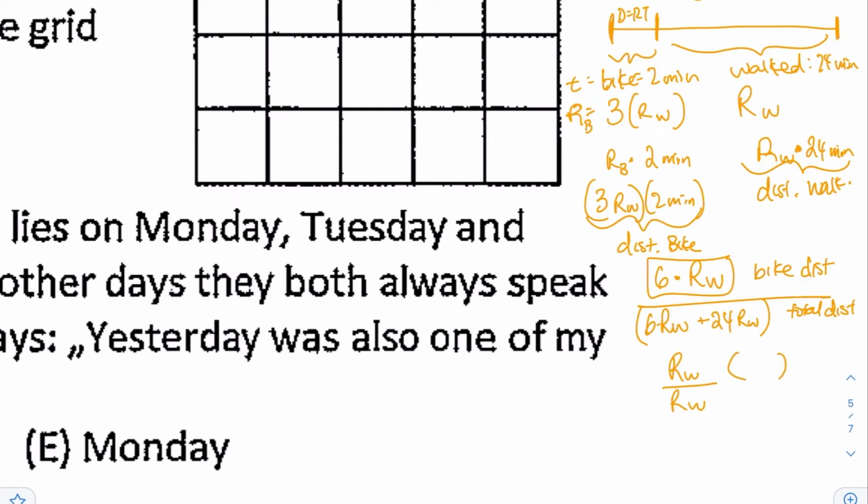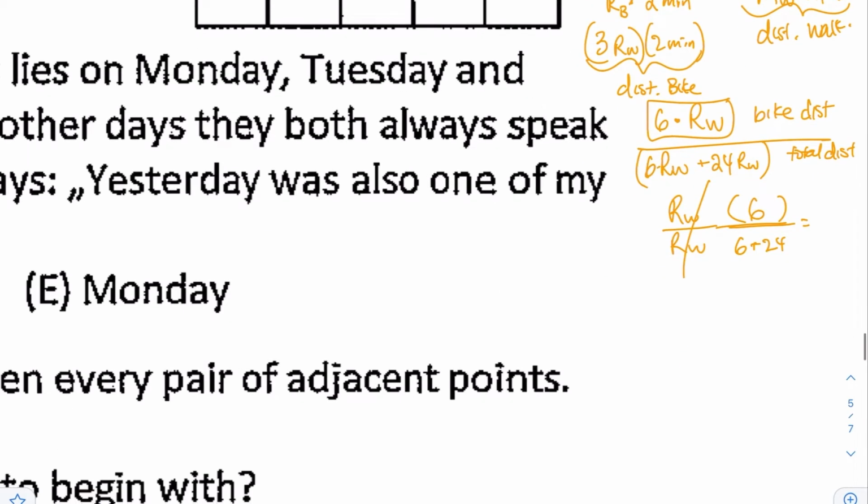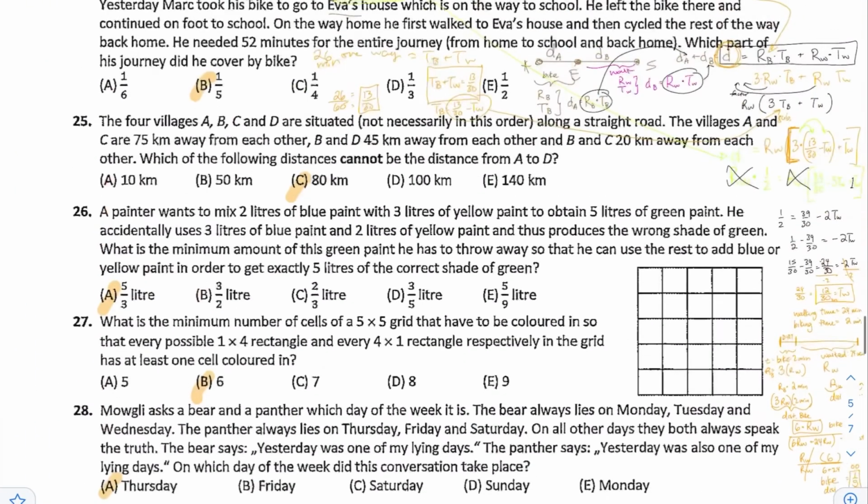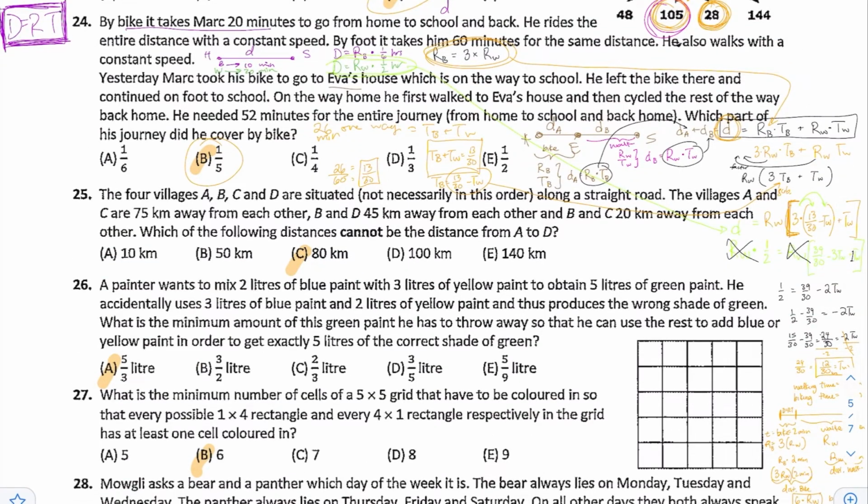What you end up with in the numerator is 6. The denominator is 6 plus 24. RW cancels out. And 6 over 6 plus 24 is really 6 over 30. And 6 over 30 is 1/5. This is the biking distance. It's 1/5 of the total. And that's how we get choice B.